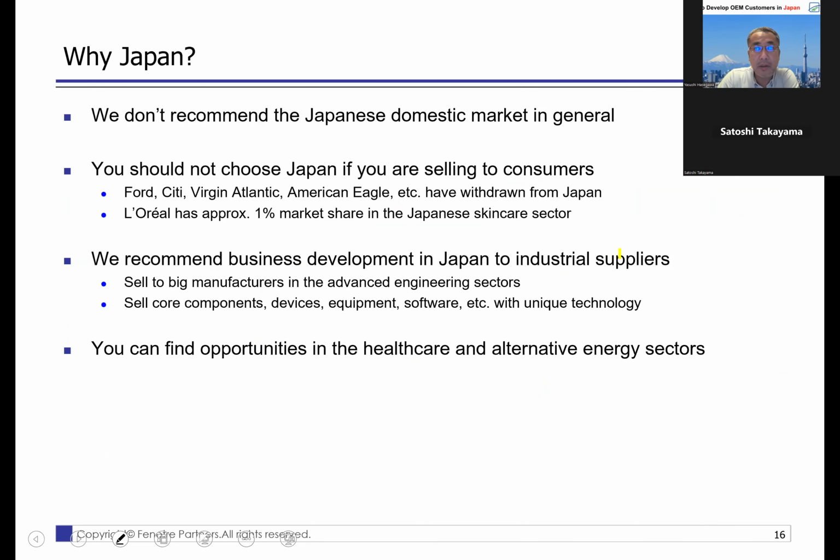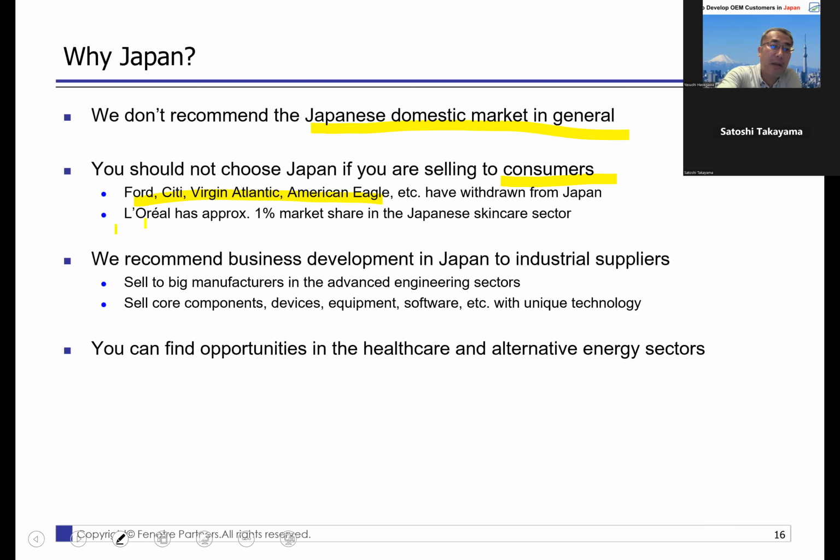So this is our wrap up of this first session. Basically, we don't recommend the Japanese domestic market. If you are selling consumer products, I don't recommend Japan to you. Many famous brands have withdrawn from Japan because this market is really tough.